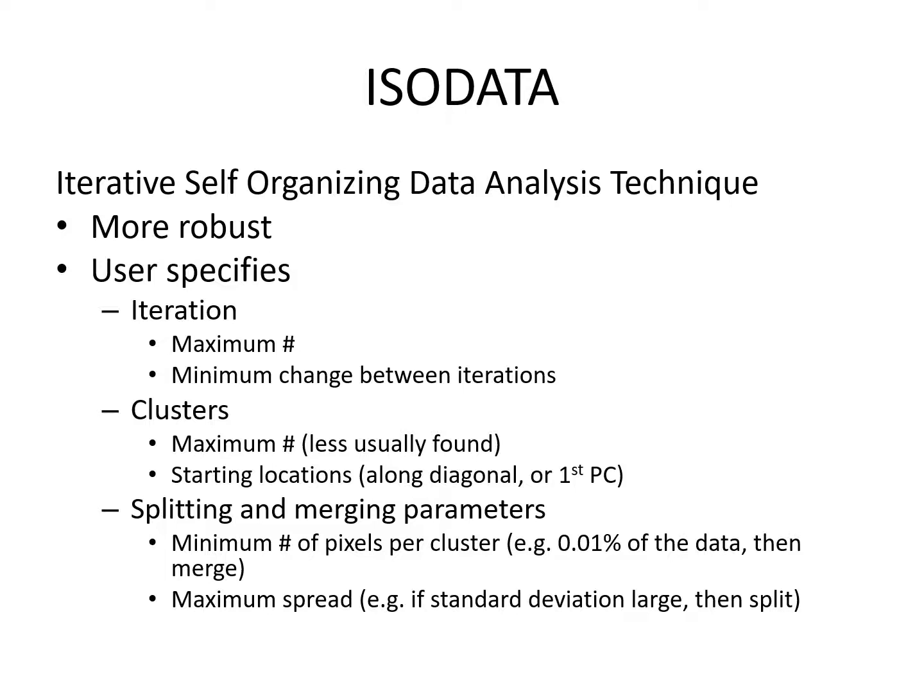And after that, it goes through this process of splitting and merging parameters. The minimum number of pixels that it finds, and then it merges. The maximum spread, if the standard deviation gets too big within a data set, it splits it. And it just keeps running through this process to refine these data boundaries.